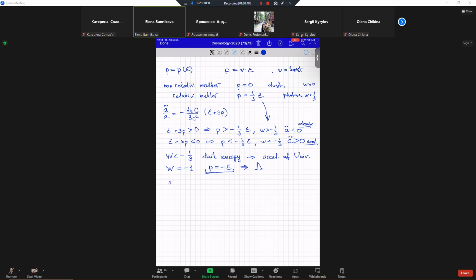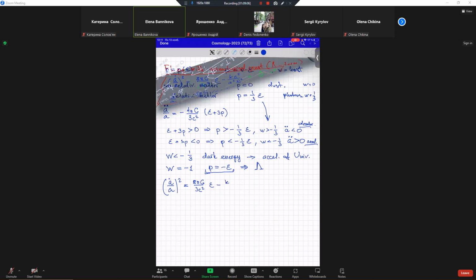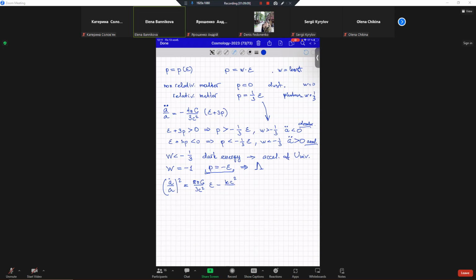Look, if we consider the Friedmann equation, a dot squared divided by a squared equals 8 pi G divided by 3c squared times epsilon minus k c squared divided by a squared r0 squared, plus lambda c squared divided by 3. What can we see from this?